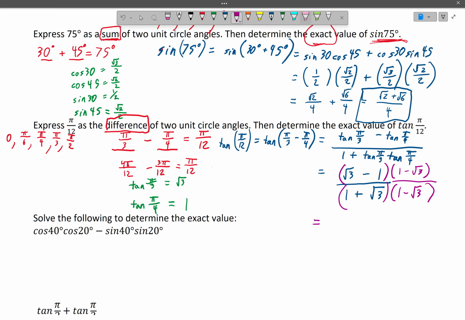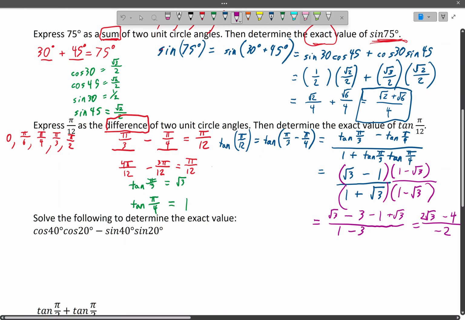And so at the bottom, we're going to get 1 minus 3. At the top, we're going to get root 3 minus 3, then minus 1, then plus root 3. So all that can simplify to 2 root 3 minus 4 on the top, and on the bottom minus 2.